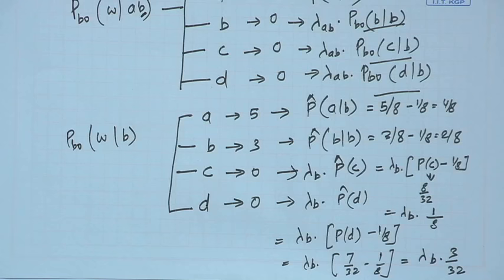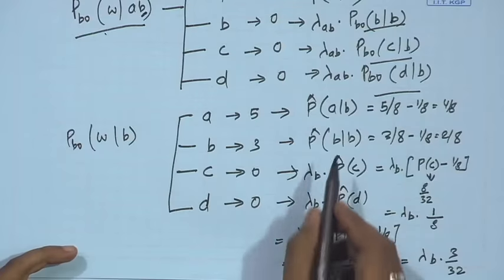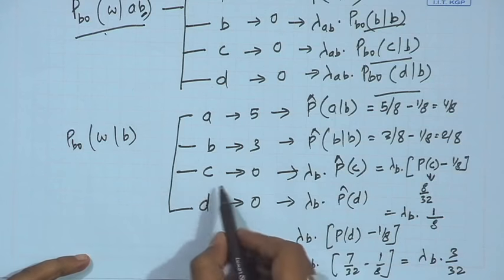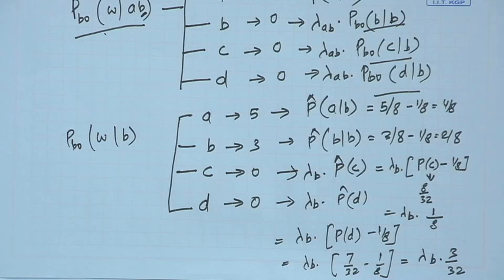Now how will you compute the probability of W given AB? You have to first find the backoff probabilities for these two cases, C and D. For that you have to find the value of lambda B. Now how do you find lambda B? You have to normalize this, right?